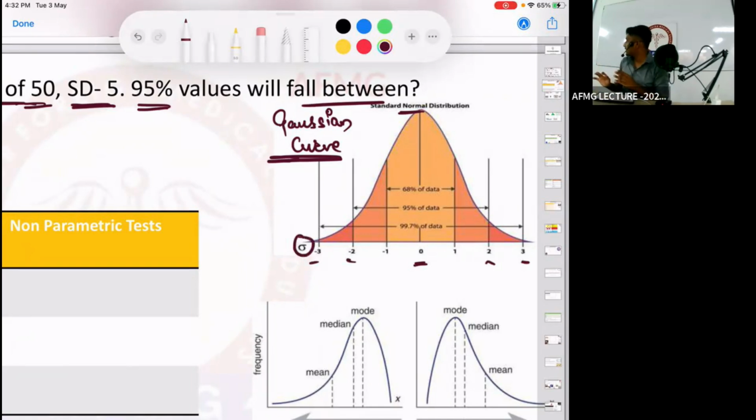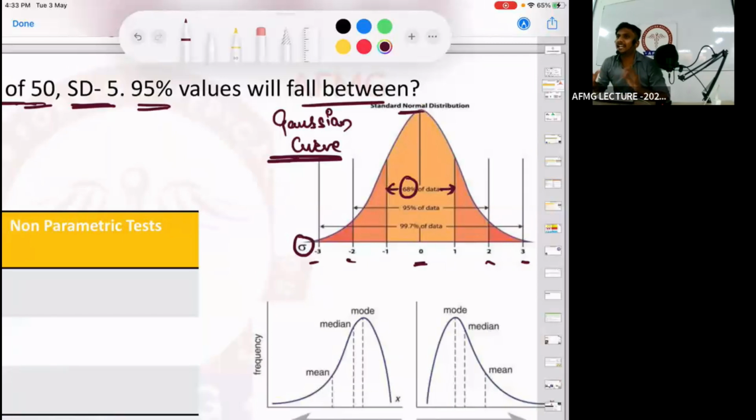Important. Now they usually ask you how many percentage of values fall between -1 till +1 standard deviation. As you can see, between -1 till +1 standard deviation, 68% values fall, usually 68.3 to be specific.